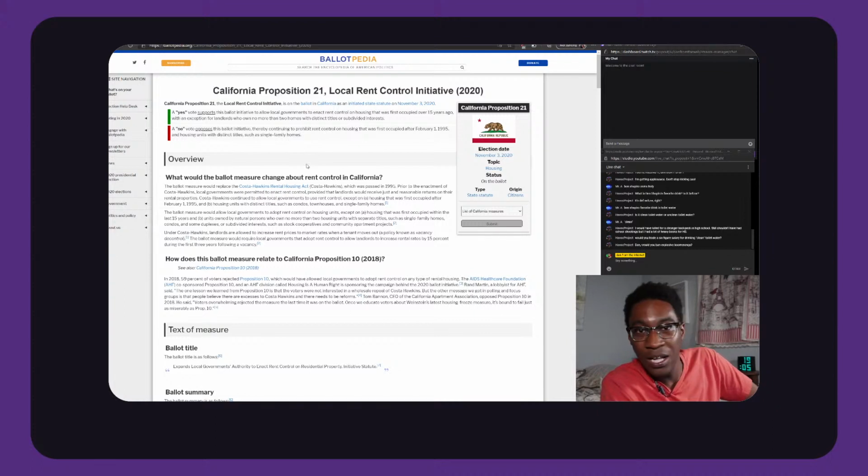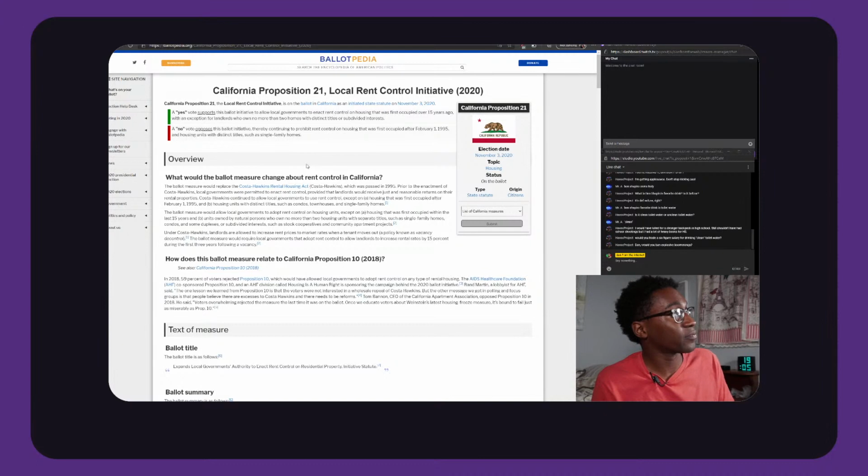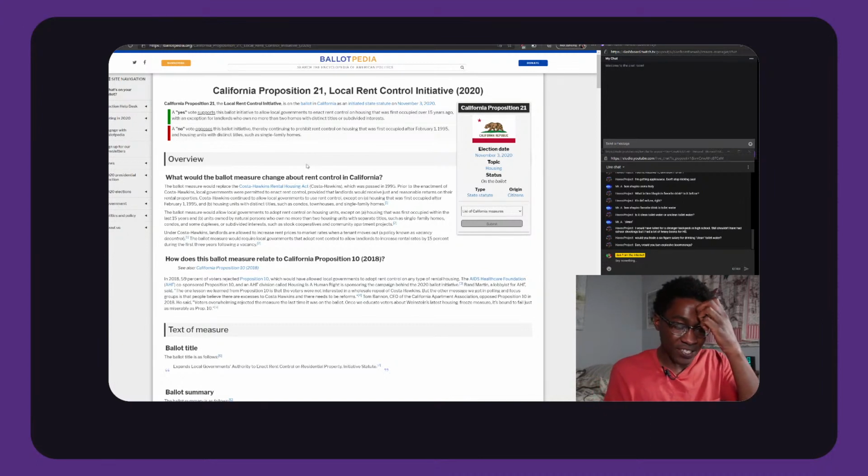Proposition 21, local rent control initiative. I'm gonna say yes on this, but I'm gonna tell you why, and I'll read from the ballot itself just so it's kosher. Prop 21 expands local government's authority to enact rent control on residential property.